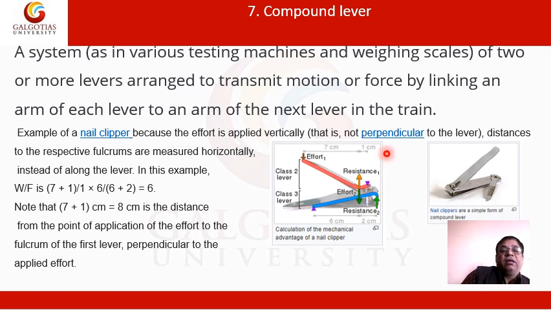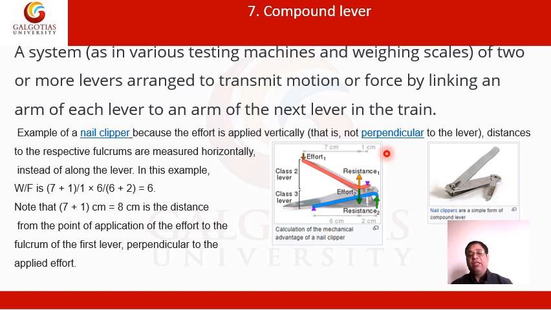In a compound lever, a system of two or more levers is arranged to transmit motion or force by linking an arm of each lever to an arm of the next lever in the train. So the compound lever consists of a combination of types, classes of lever.